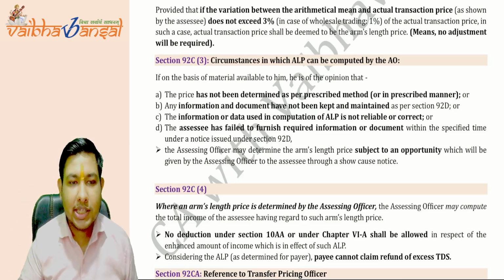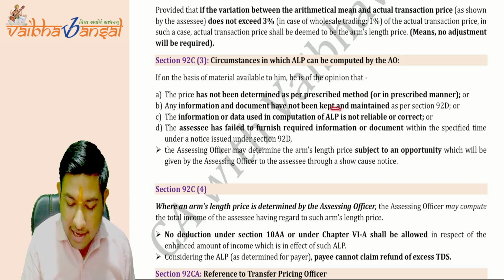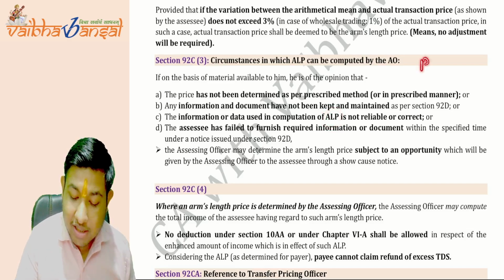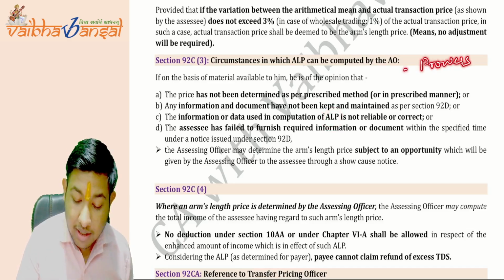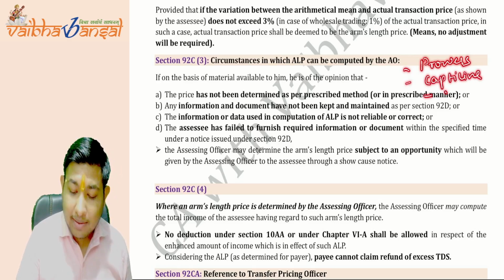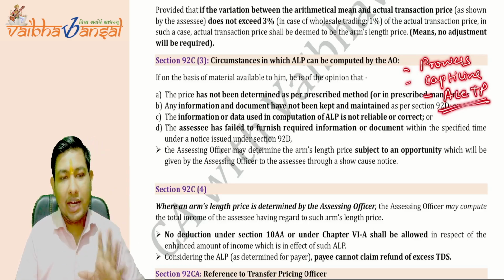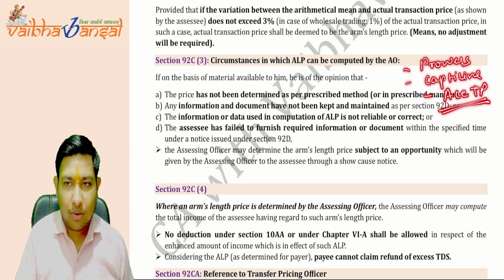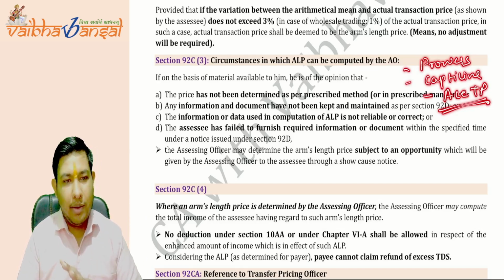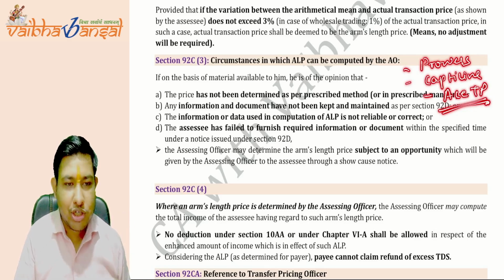In the practical world, there are certain kinds of software used for the ALP calculation. One is Prowess, then Capline, and then the ASTP. These are the three main databases from where you get the data for computation of the ALP.